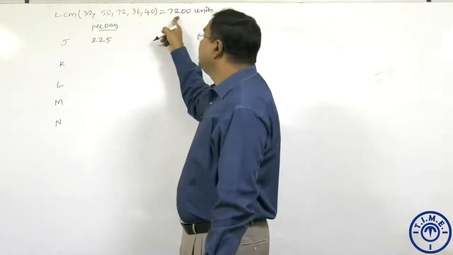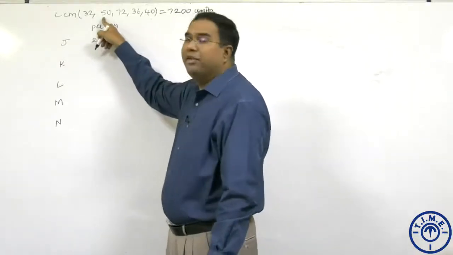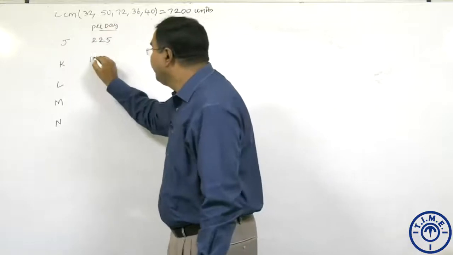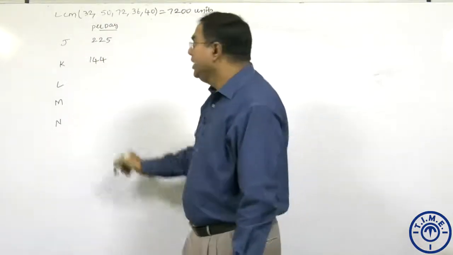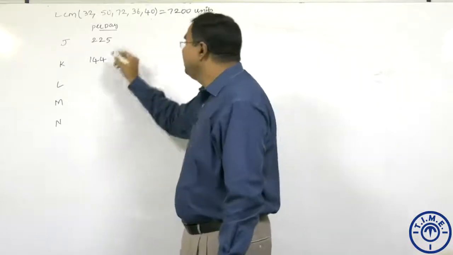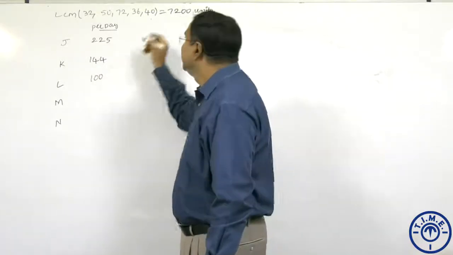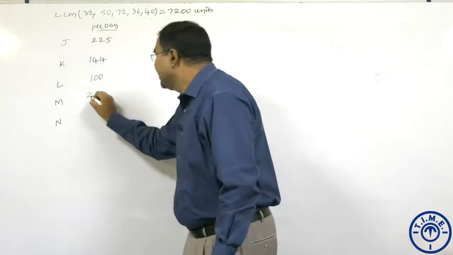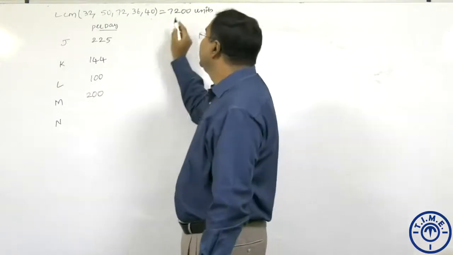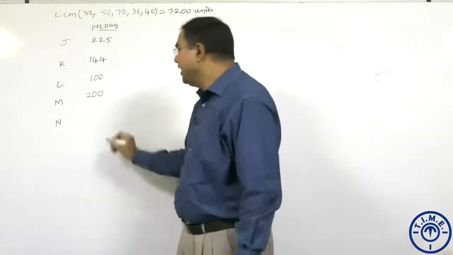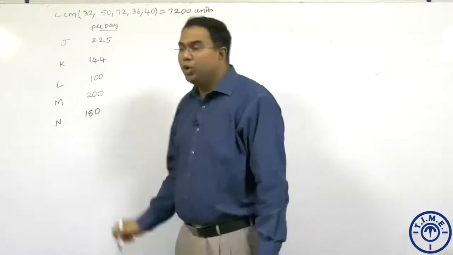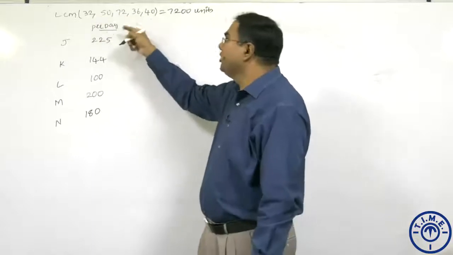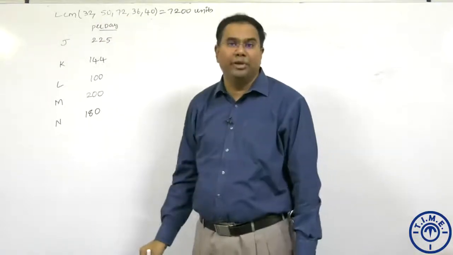Then total 7200, K is taking 50 days. 7200 by 50, K will do 144 units. Then L, 7200 by 72, 100 units. 7200 by 36, M will do 200 units. 7200 by 40, N will do 180 units. So, we are finding out per day they are doing how many units.